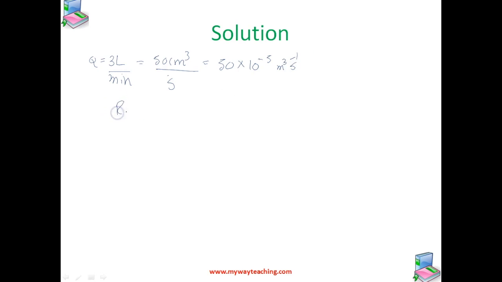So in this case, we get the value of Reynolds number as 5095. So this will be turbulent since it is greater than 2000.